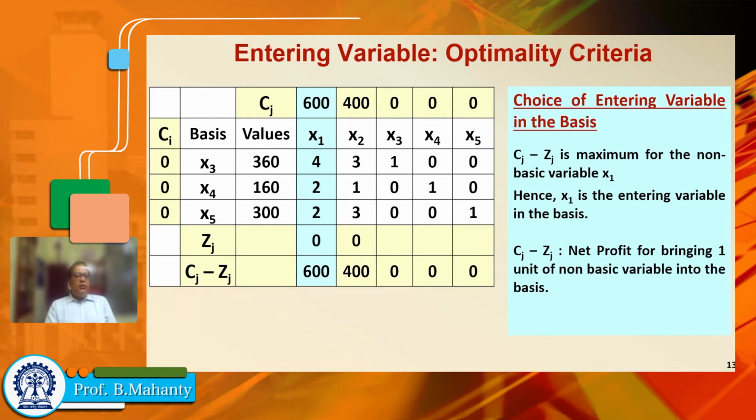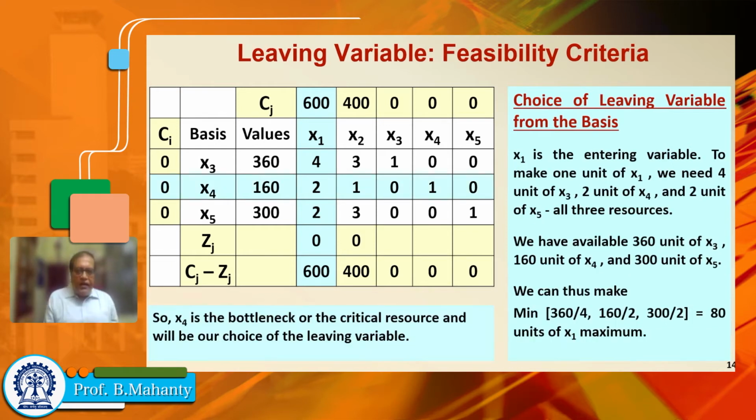All those questions will come to your mind. But really speaking, it is not a simple division and taking the minimum. It is an identification of the bottleneck resource. So in this case, the bottleneck resource will be x4. So x4 is going to be our leaving variable. That is what has been done here: x1 is the entering variable.